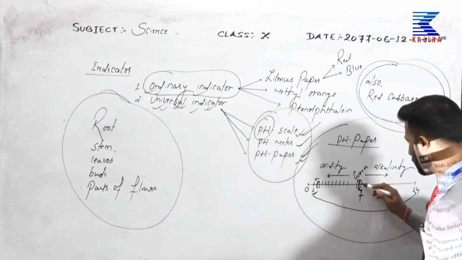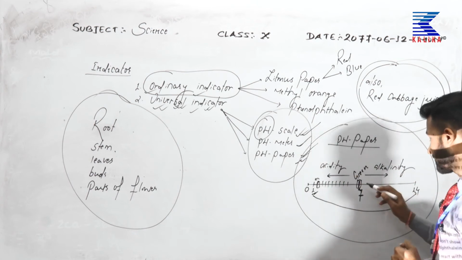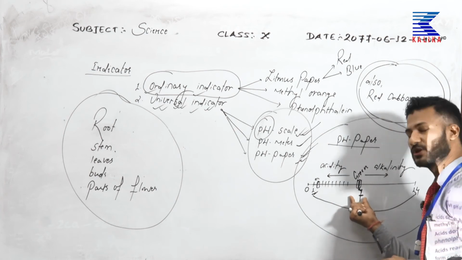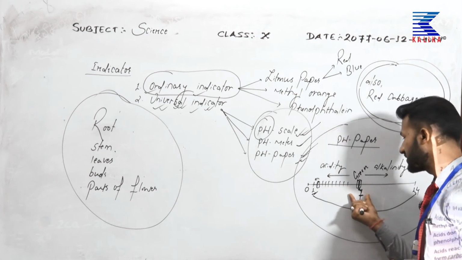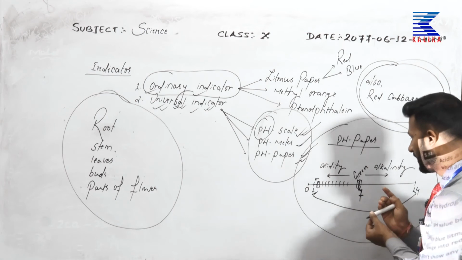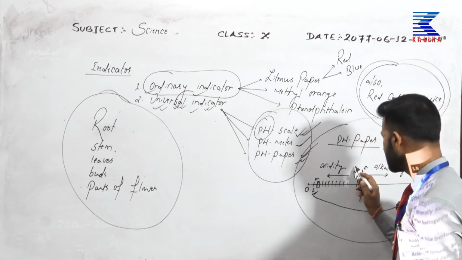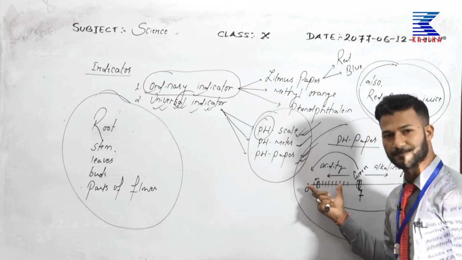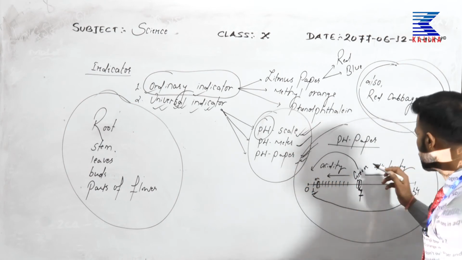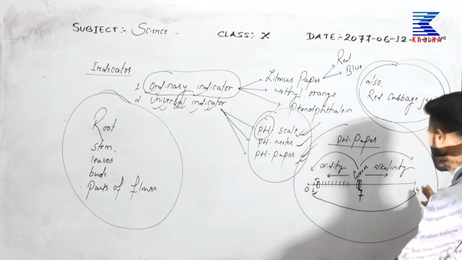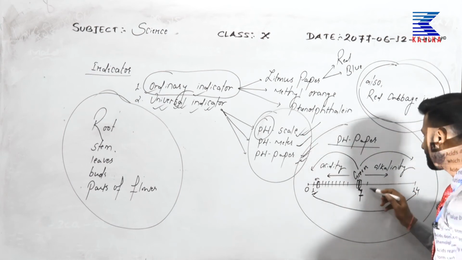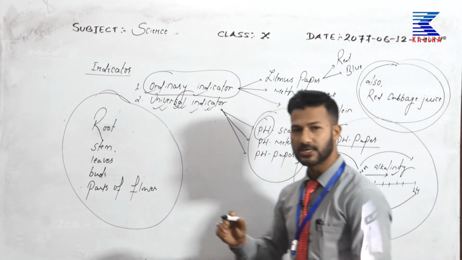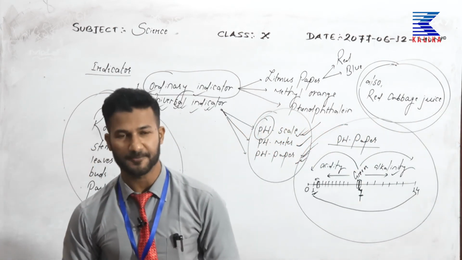So, what does this pH scale indicate? The pH scale indicates that if something comes with value 7, then it is neutral in nature, and if you get pH less than 7, then you must consider the substance is acid, and if you go above 7 towards 14, meaning when pH is increasing, you must consider alkalinity is gradually increasing.